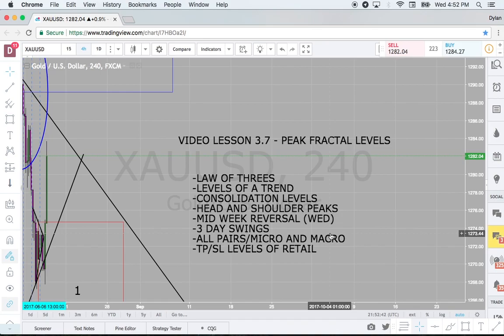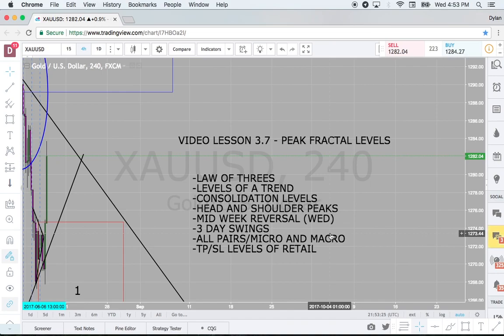Now, this will happen on a macro and micro scale as well, but you need to realize that the weekly scale is where it's mostly affected because of the high impact news taking place on Wednesday or Thursday, so the middle of the week. You can go on Forex Factory or whatever news calendar you use and check every single week.